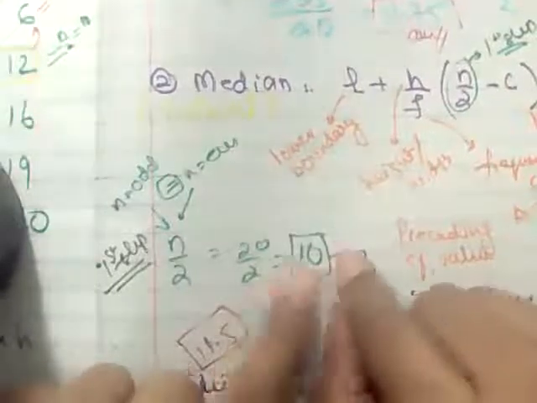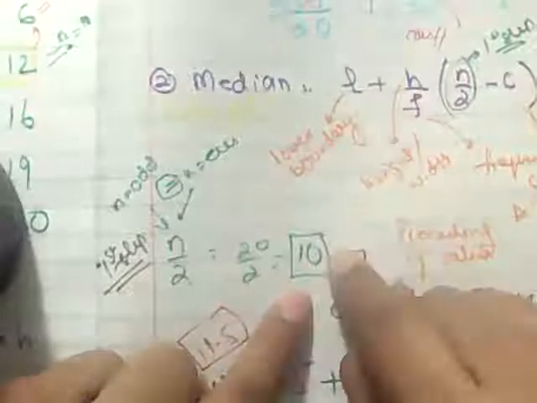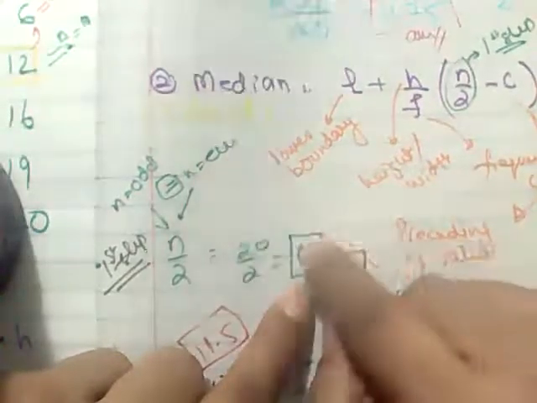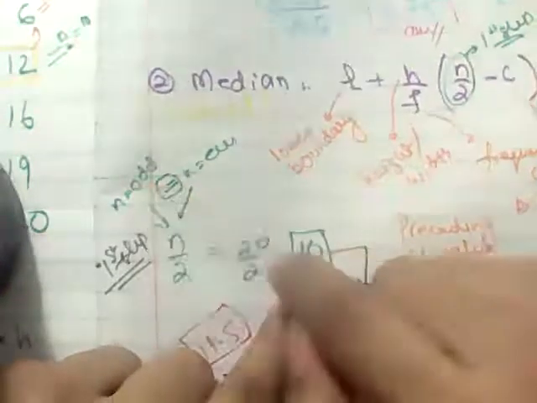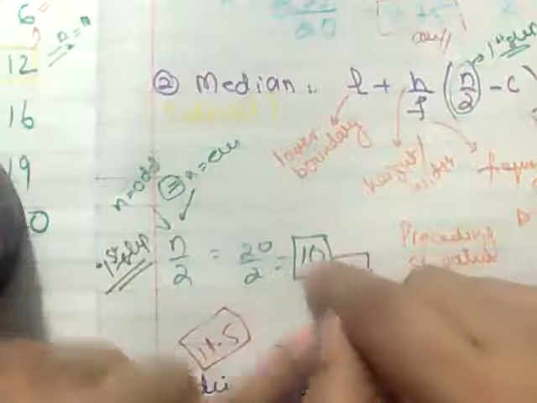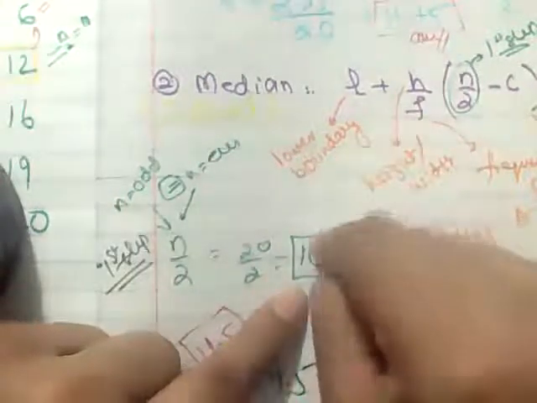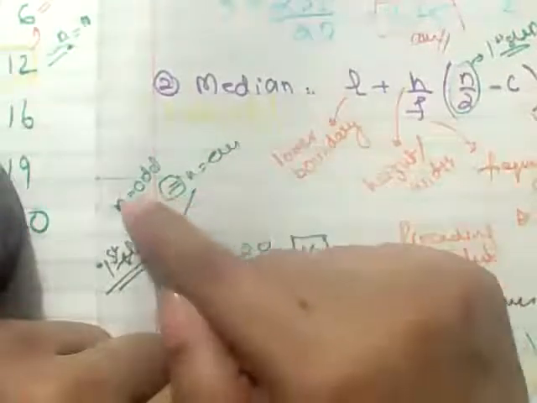All right, first important point. Earlier I told you, whenever we have an even number we take two values in the center, and whenever we have an odd number we turn the decimal to the next number. Now in grouped data, forget this.